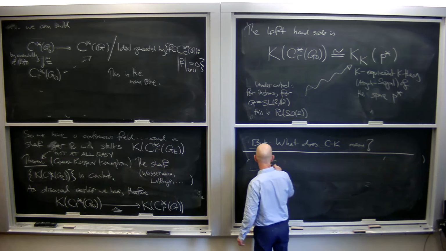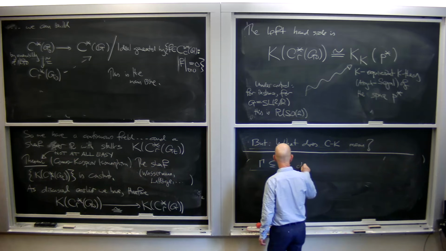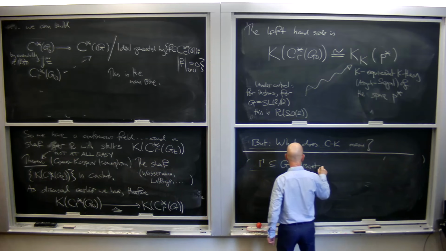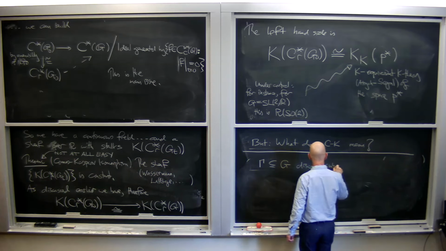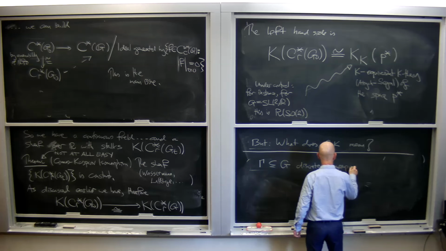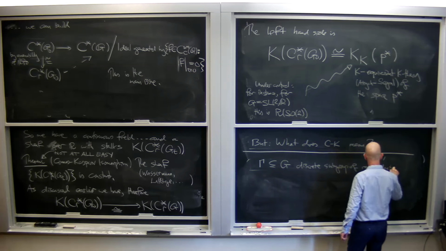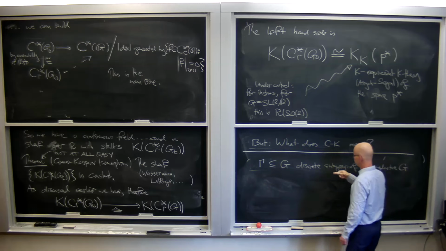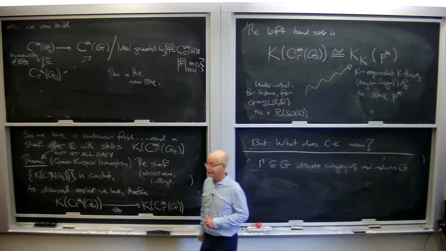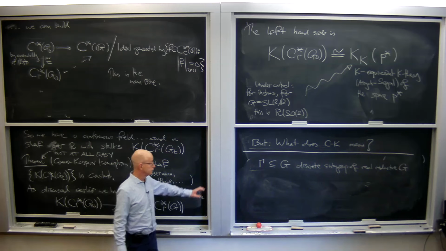Suppose you have a discrete subgroup, maybe co-compact, of one of these connected real reductive groups. If you like, all of the adjectives that I had before, I only wrote down a couple of them there.